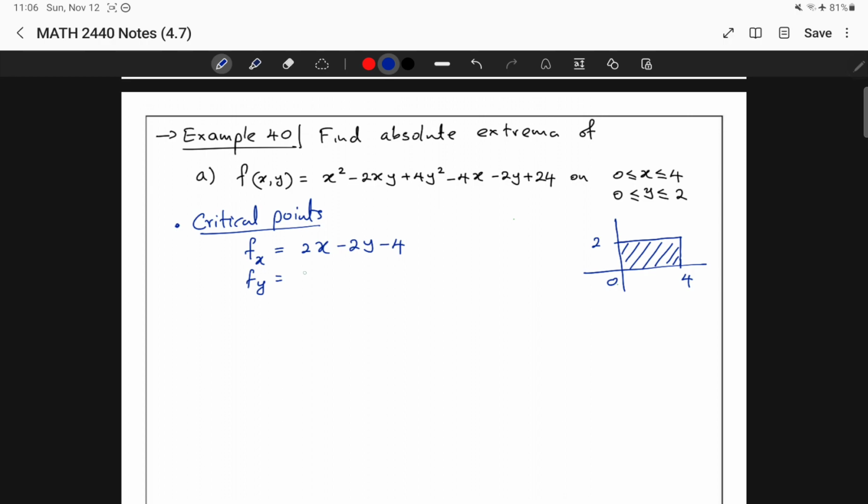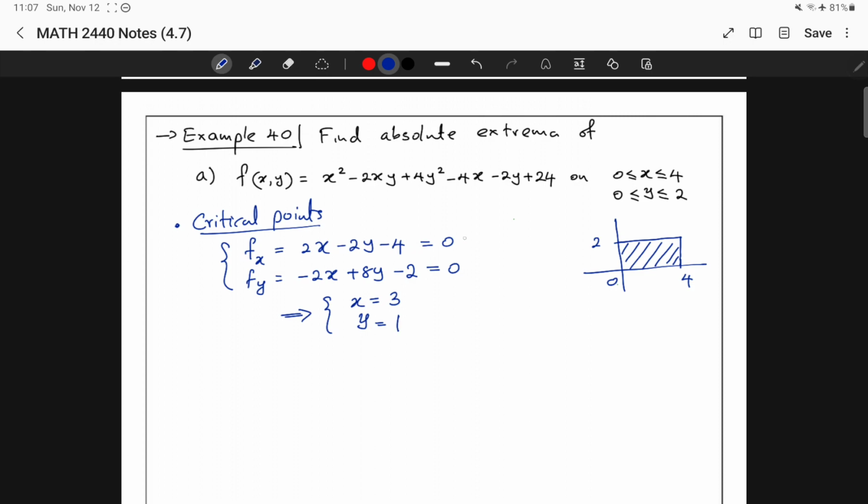With respect to y, it's negative 2x plus 8y minus 2. You make the partial derivatives equal to 0 and you simplify. And you should get x equals 3 and y equals 1.